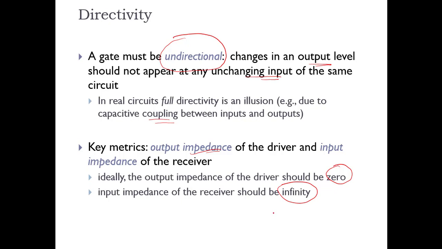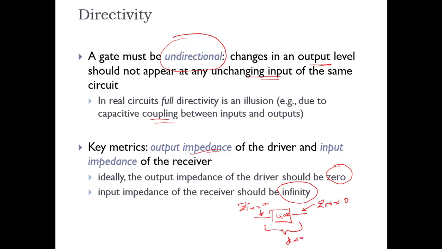So if this is your gate, here at the output your Z out should be approximately 0, and your Z in should be approximately infinity. That's the ideal property.